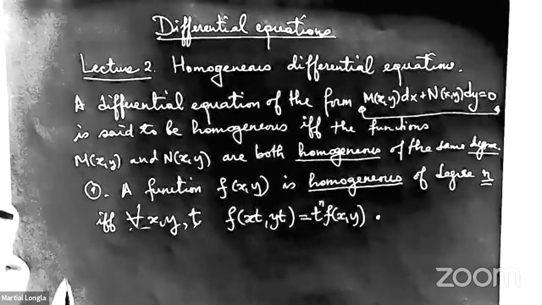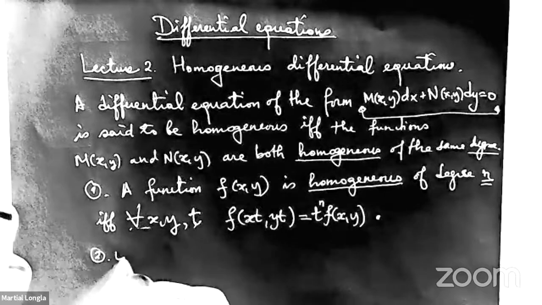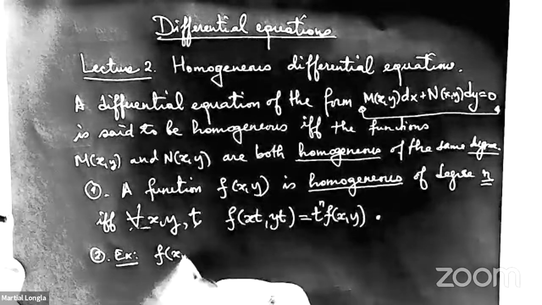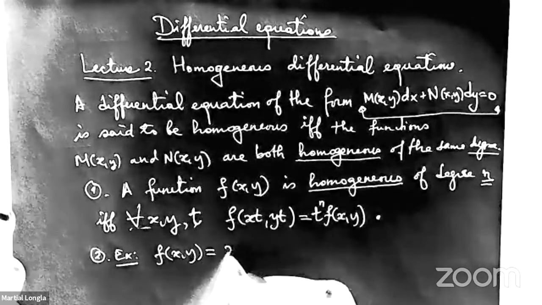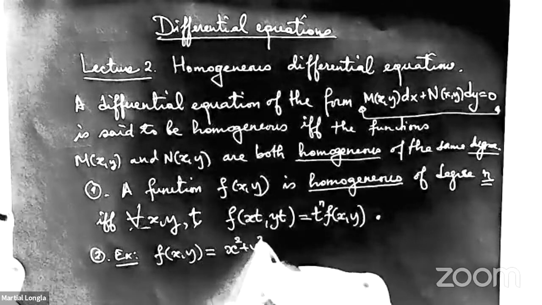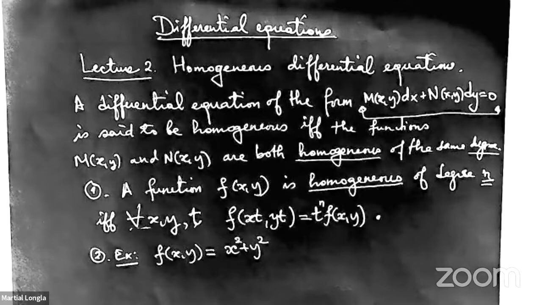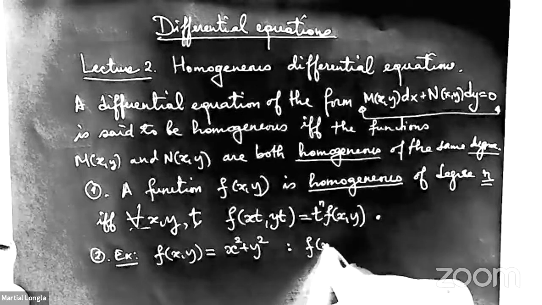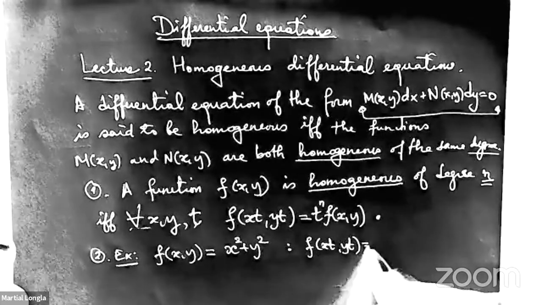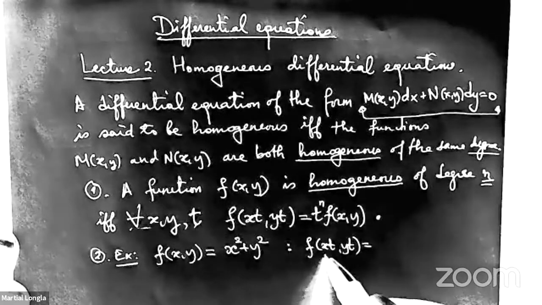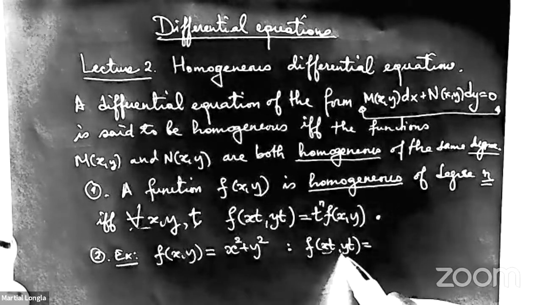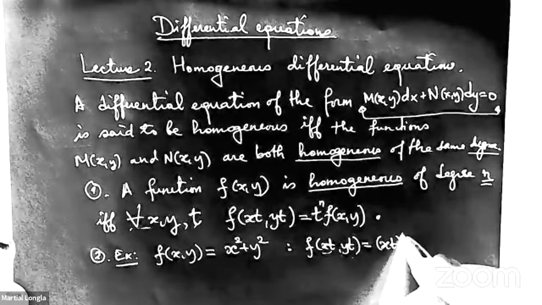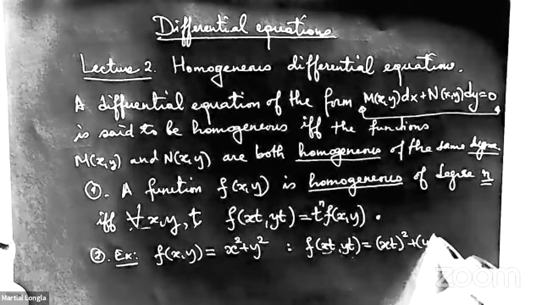An example, let's say f(x,y) = x² + y². For this function, f(xt, yt) is equal to, this means replace x by xt and replace y by yt, so that becomes (xt)² + (yt)².